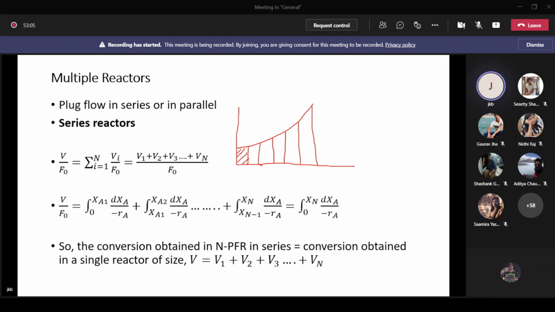and adding n number of reactors means the summation of each integration, 0 to XA1, XA1 to XA2, Xn minus 1 to Xn at the last.